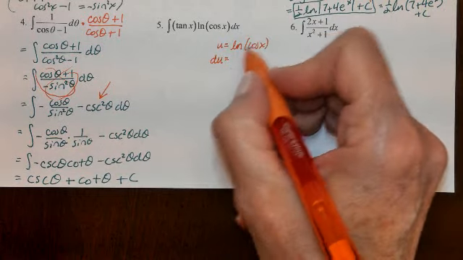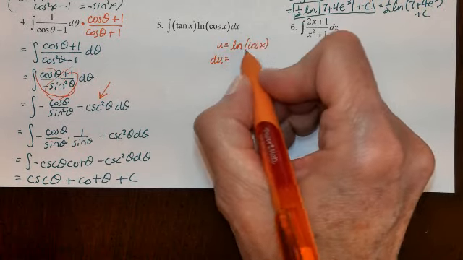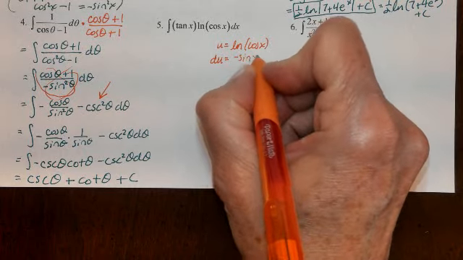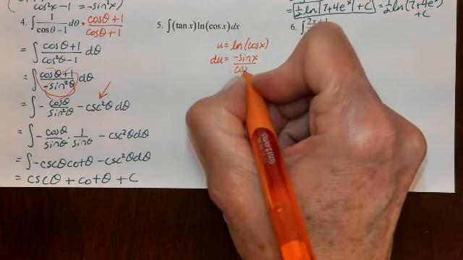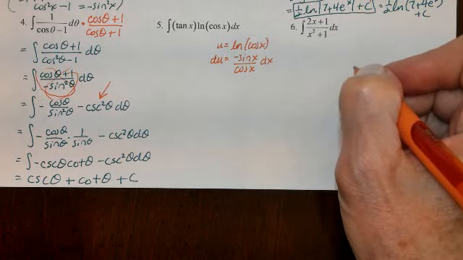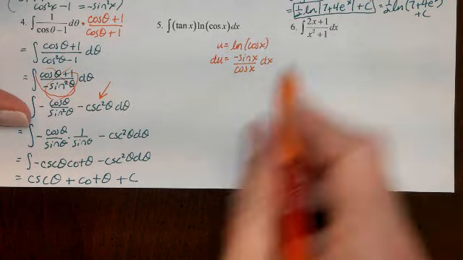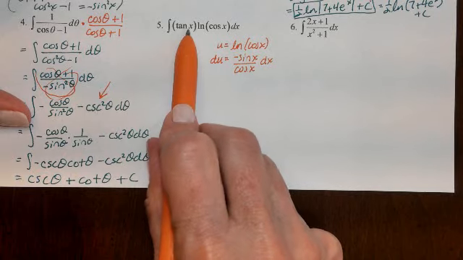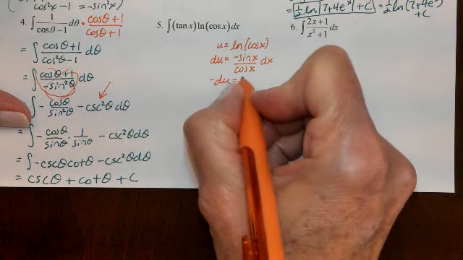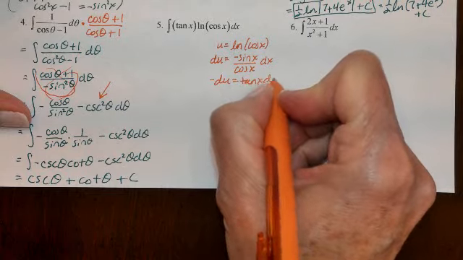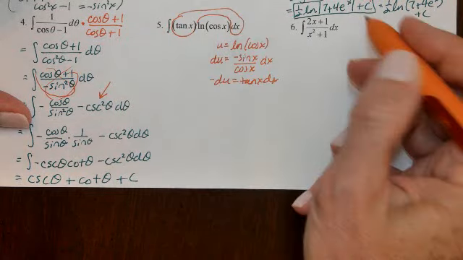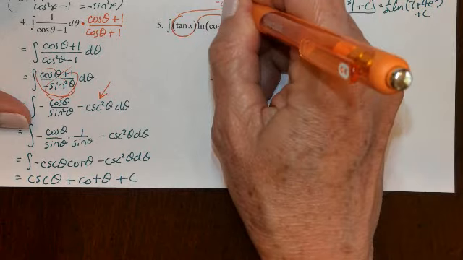Well, du dx, with respect to x, this would be the derivative of cosine, which is negative sine, over cosine. That's u prime over u, right? Bring over your dx. Do we have this? We sure do. We almost have it. All I need to do is move that negative over. So tangent x dx is equivalent to negative du.